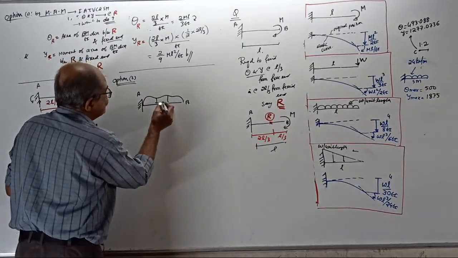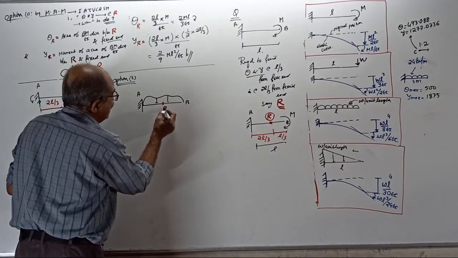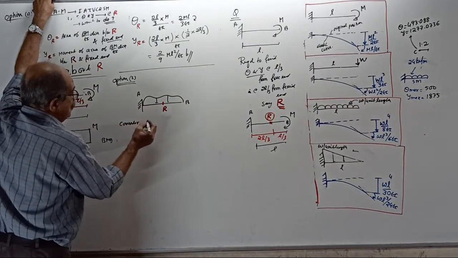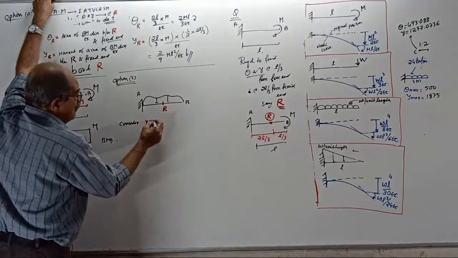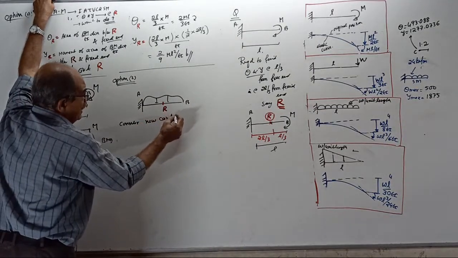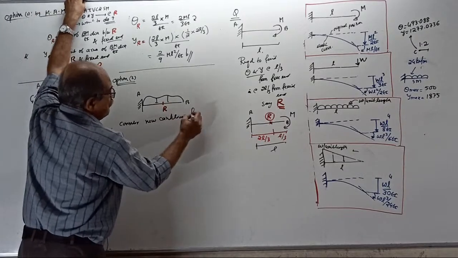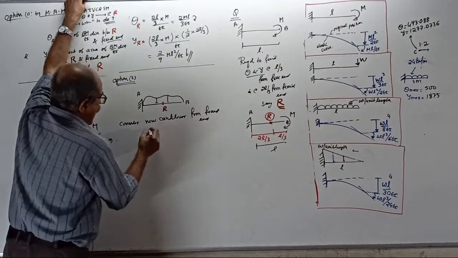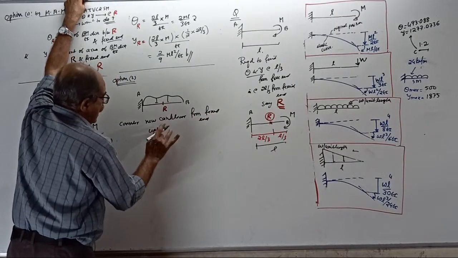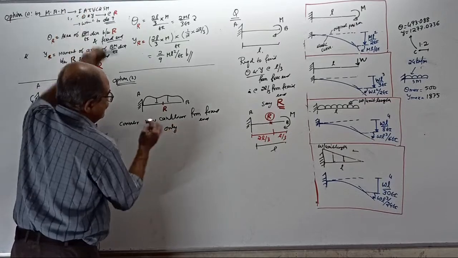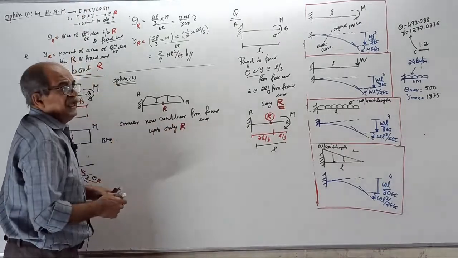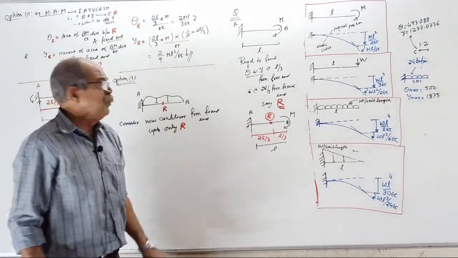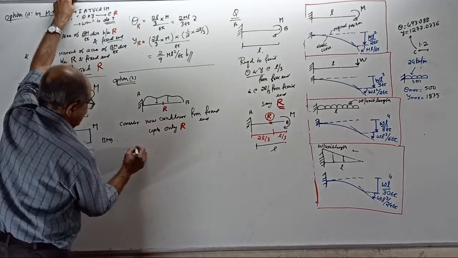Suppose I want slope and deflection at any random point R, you consider a new cantilever from the fixed end up to only R, that is from the fixed end only up to that point where you want slope and deflection.